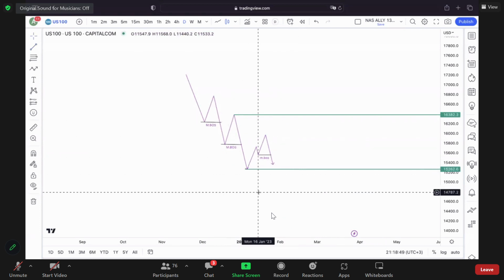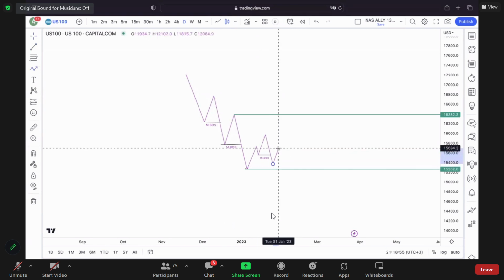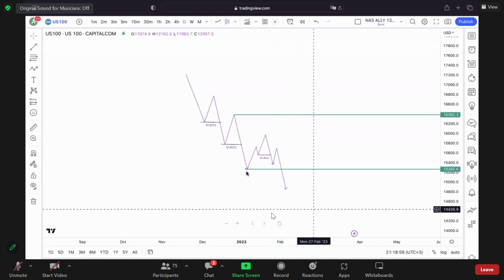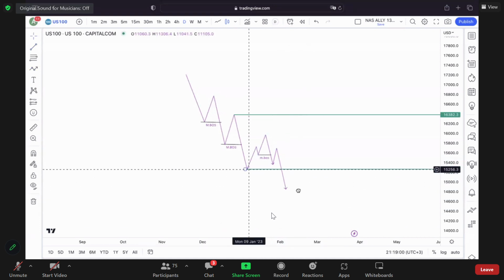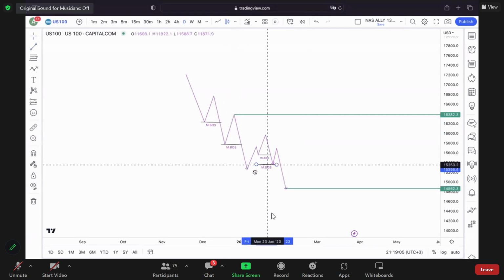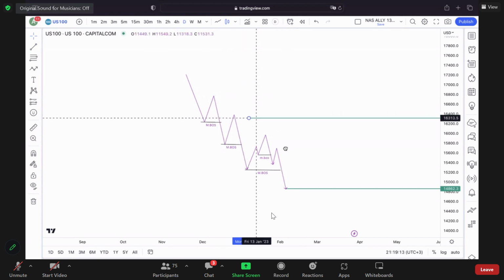Now, if we have the trend, so we have a minor break of structure and then we finally break this major break of structure, right? So now we have another major break of structure. Now, in a bearish trend, what are we expecting to form before a new low gets formed?